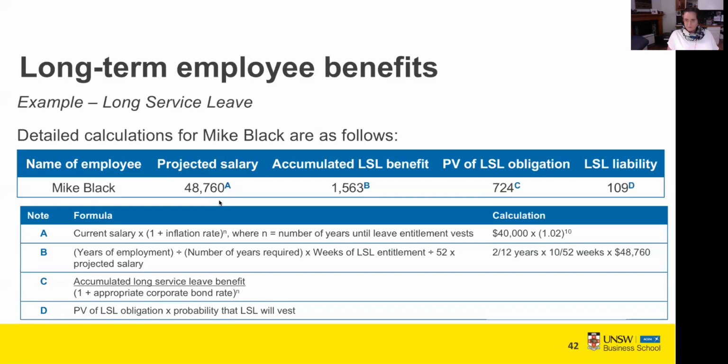So the formula to calculate his accumulated benefit: he's currently been employed for 2 years as a proportion of the 12. He will receive 10 weeks leave as a proportion of 52 weeks once he becomes entitled. And his projected salary that we just calculated in step A is $48,760. So his accumulated benefit is $1,563.